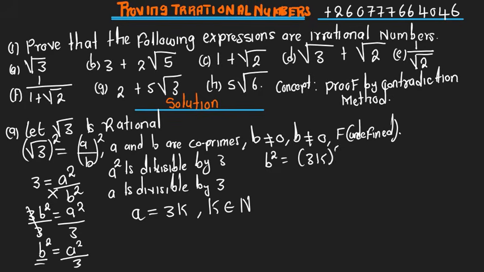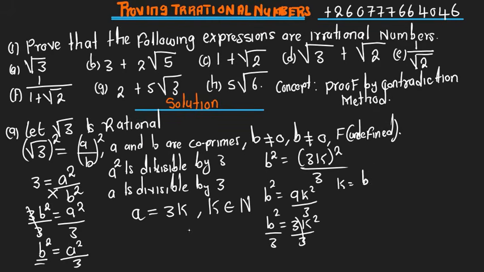Notice what is going to happen. I want you to observe. Then over 3. This is just the same as b to the power 2 is equal to 9k power 2 over 3. Then this is the same as b power 2 is equal to 3k power 2. So k is going to equal b power 2 over 3.